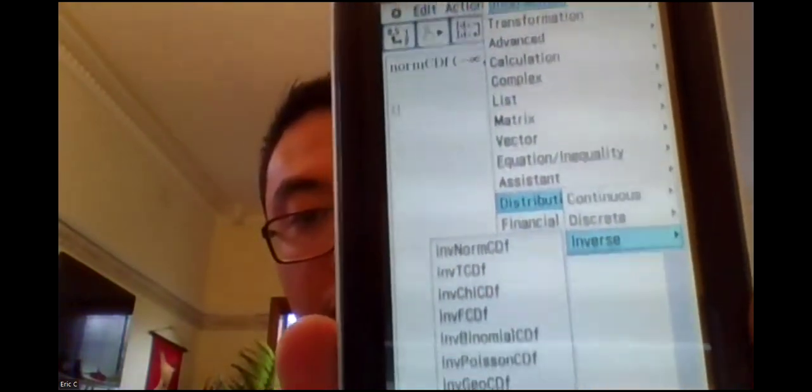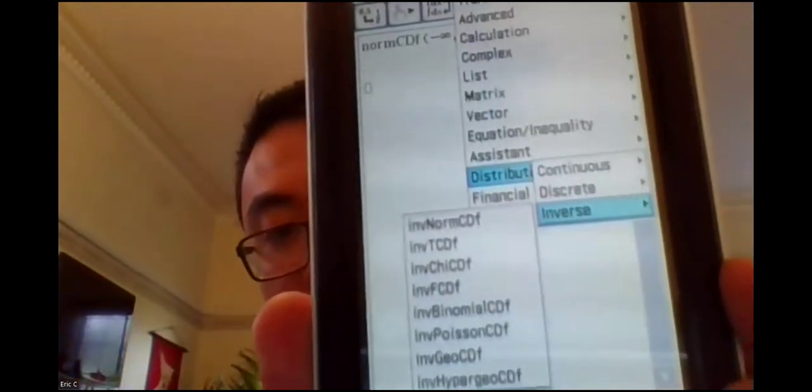Then for the tail setting, go to right, and then the probability is going to be 0.98. The standard deviation is going to be 2.1, and the mean is going to be 22. And then just go OK, and that's your answer there.